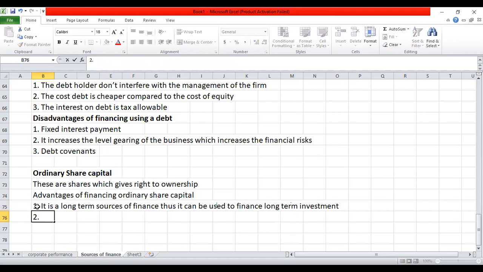Number two, it has no fixed payments. When you finance using ordinary shares, you can only pay dividends, and the dividends on ordinary share capital are not fixed. You can only pay if the company has generated a profit or it has no investment opportunities.